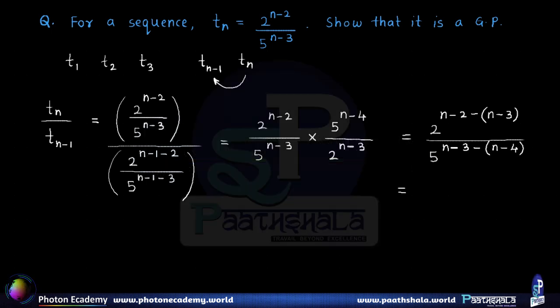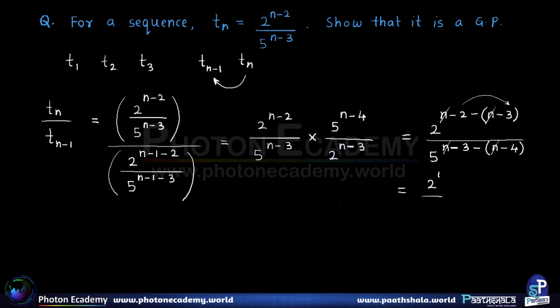So this in turn gives us, we'll see that n will get cancelled, and minus 2 plus 3 gives us 1. So that is 2 raised to 1 whole divided by, in the denominator also n will get cancelled when you open the bracket, and minus 3 plus 4 gives us once again 1.